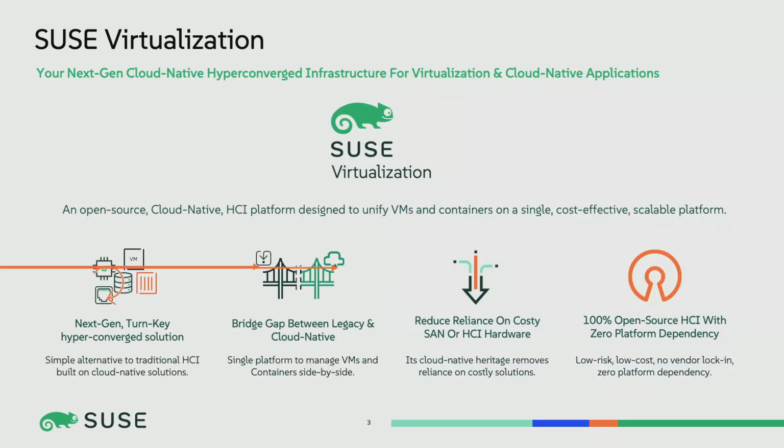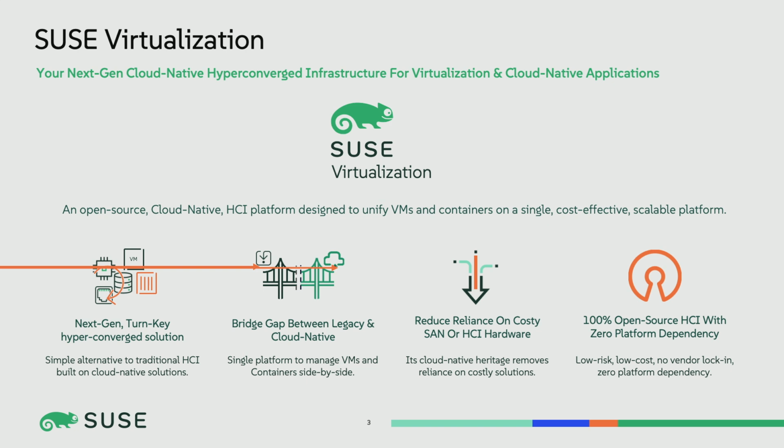All right, thank you. And to quickly go over, for those that aren't super familiar with SUSE Virtualization, it's built on 4 pillars. It's 100% open source software that reduces your reliance on any boutique hardware. And you can just use pretty much off-the-shelf hardware, or your current investments.